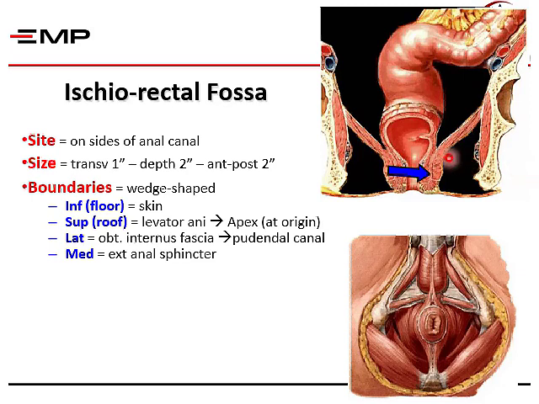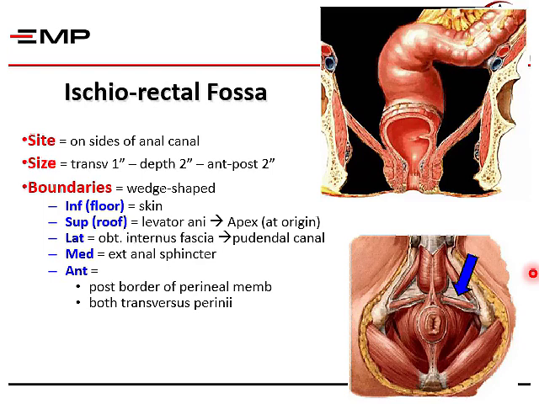Medially, there is the external anal sphincter surrounding the anal canal, in addition to the two bodies that we mentioned, the perineal body and the anococcygeal body. Anteriorly, it is bounded by the posterior border of urogenital triangle, or superficial and deep perineal pouch.